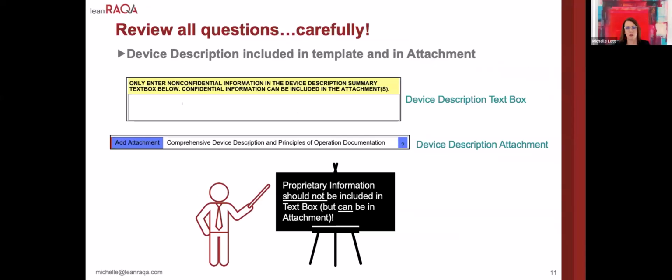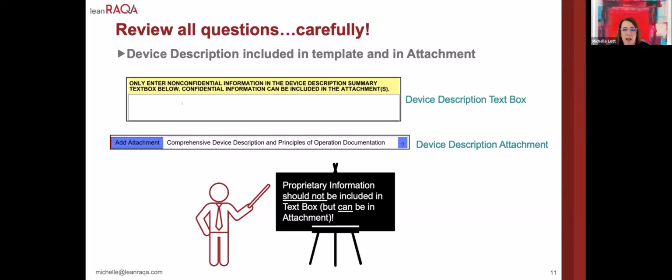So be sure to review all the questions carefully. For instance, the device description that's included in the template. You've got a part where you can enter a device description directly in the template, or you could do it in an attachment, or you could put one level of detail in the template and put a full device description in the attachment.